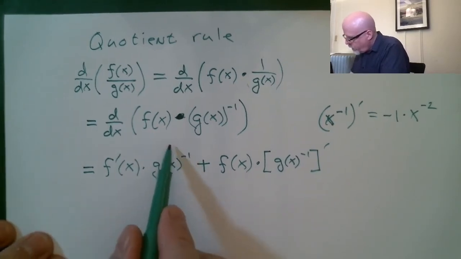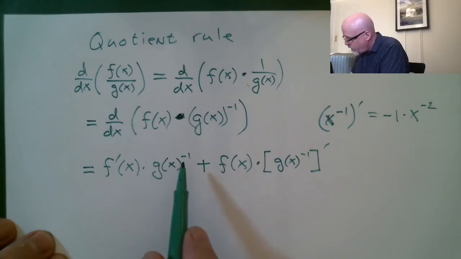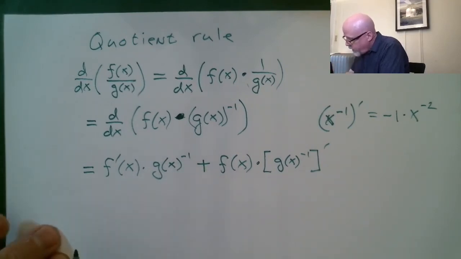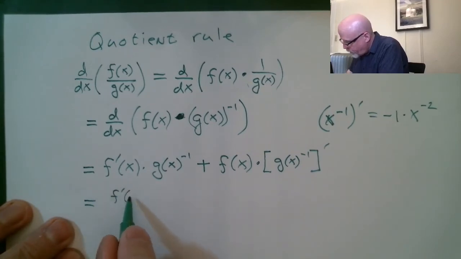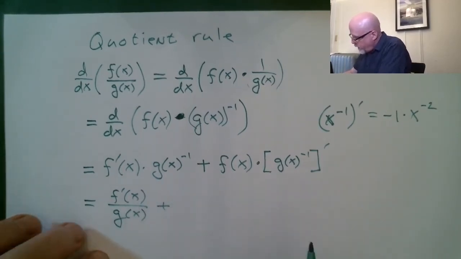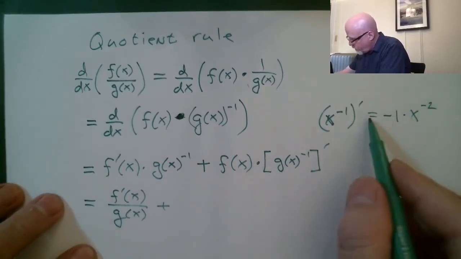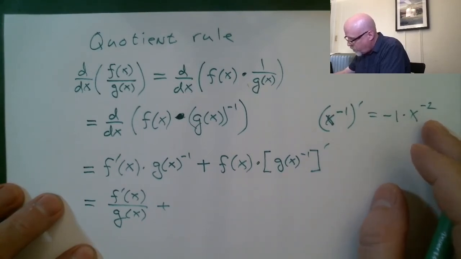All right, so let's work with this. What I'm looking at there, f prime times g of x to the minus 1, that's really f prime over g, f prime of x over g of x. This other bit, remember how the derivative of raising to the minus 1 power played out.